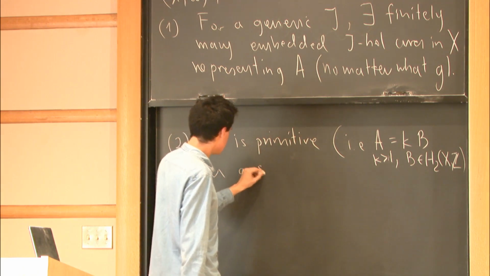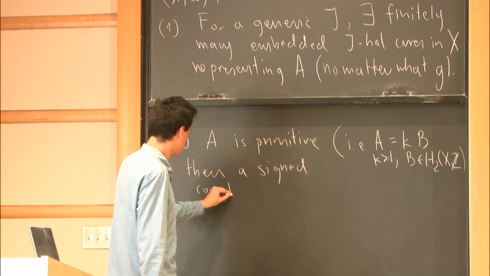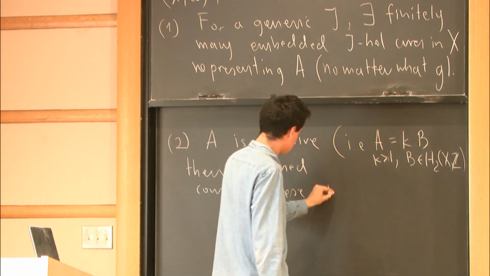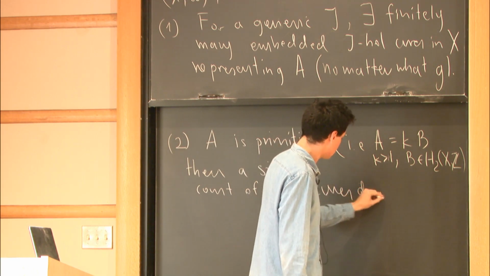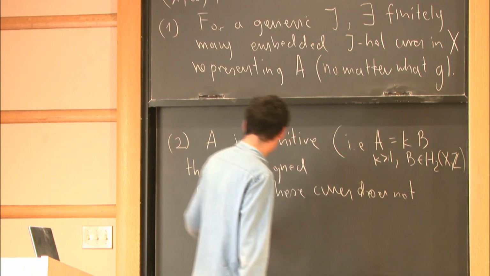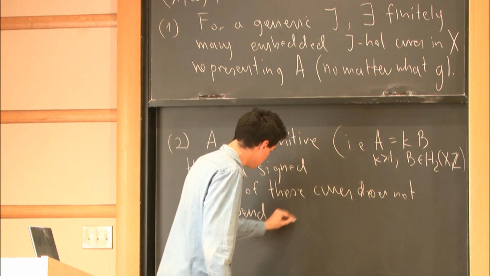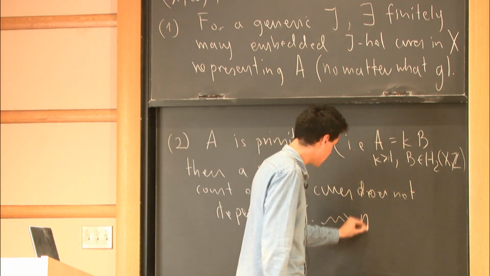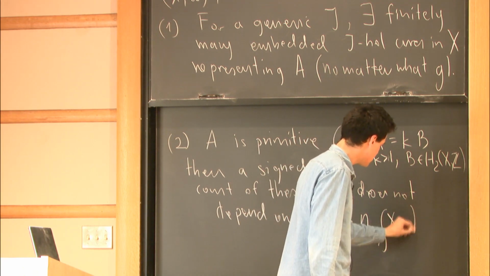So a signed count of these curves does not depend on J. So that gives you some sort of invariant, N_{A,g}(X,ω), which is an integer.